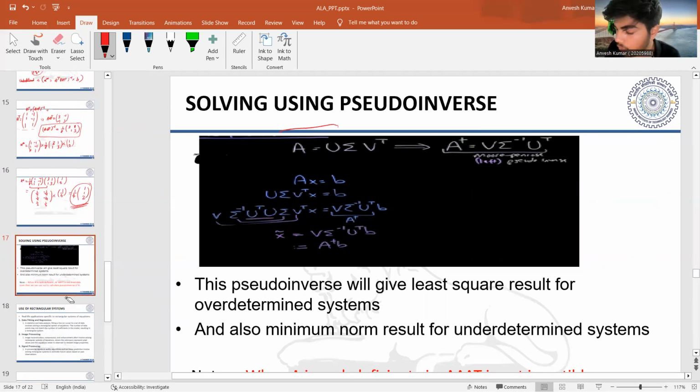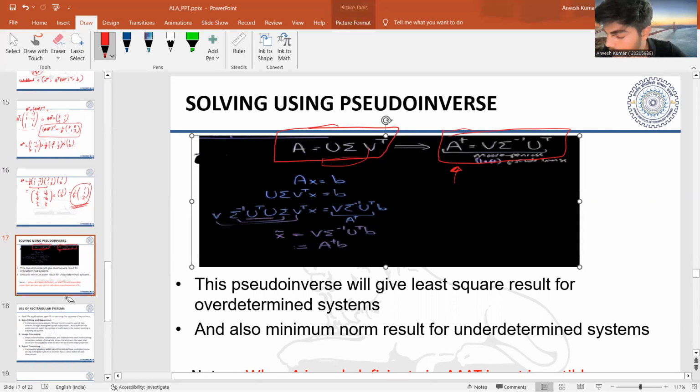SVD breaks A down into three different matrices, and we can find a pseudo inverse by finding the inverse of these. The pseudo inverse which we get using SVD will be the least square error solution in case of an overdetermined system, and the minimum norm solution in case of an underdetermined system. It is so general, which is surprising.